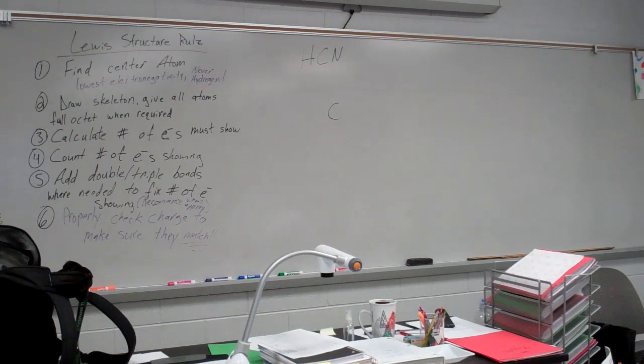We're not comparing any other number besides the electronegativity number. 2.5 is carbon, 3.0 is nitrogen. The electronegativity number, not the atomic number, not the average atomic mass.